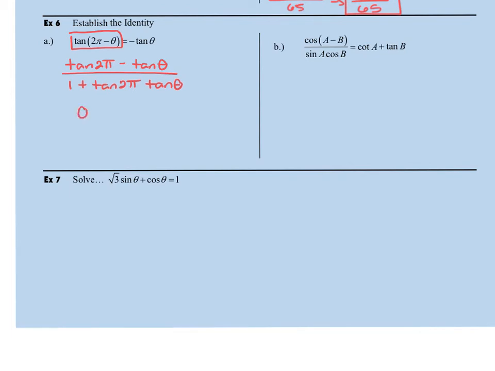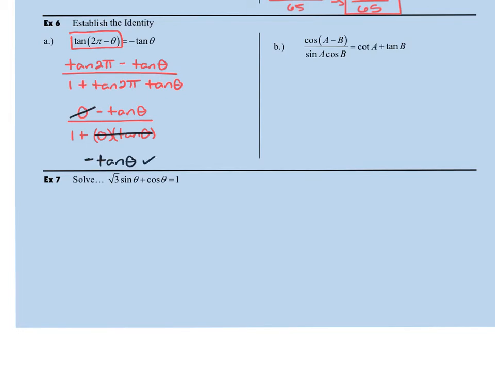So I'm going to have 0 minus tangent theta all over 1 plus 0 times tangent theta, which means this is going to cancel out. That 0, of course, is gone. So I have a negative tangent theta over 1, or the negative tangent theta that I wanted to get.